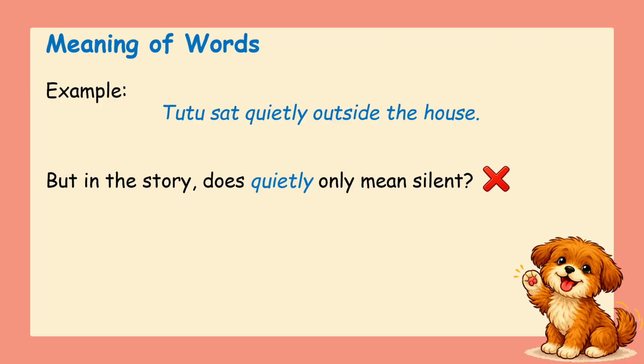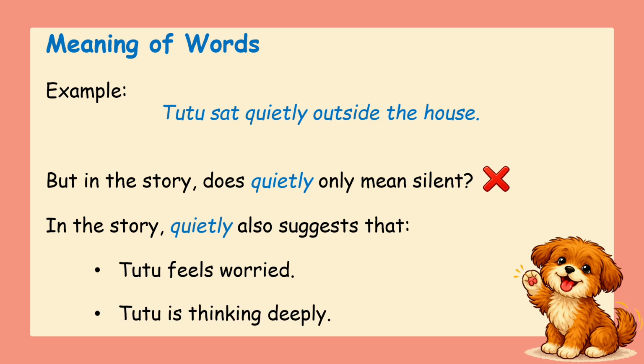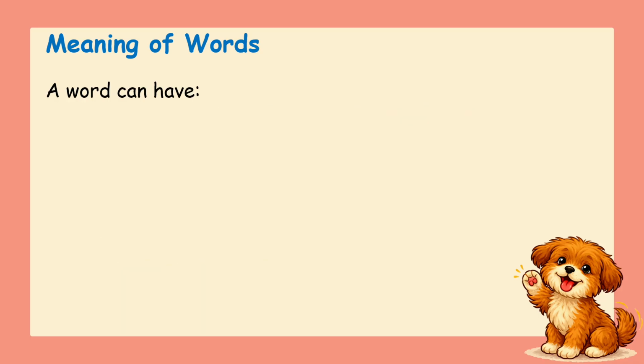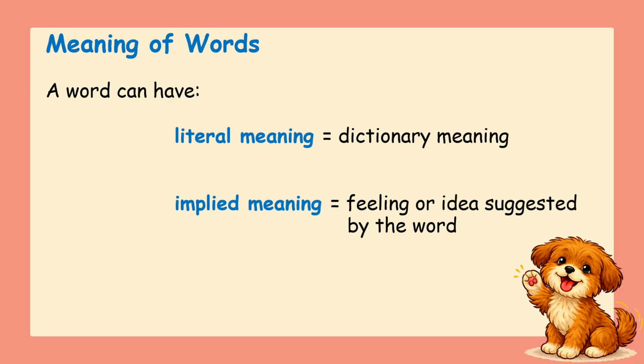No. In the story, quietly also suggests that Tutu feels worried, and Tutu is thinking deeply. So here, quietly has an implied meaning. So far, we learned that a word can have a literal meaning or its dictionary meaning, and an implied meaning or the feeling or idea suggested by the word.